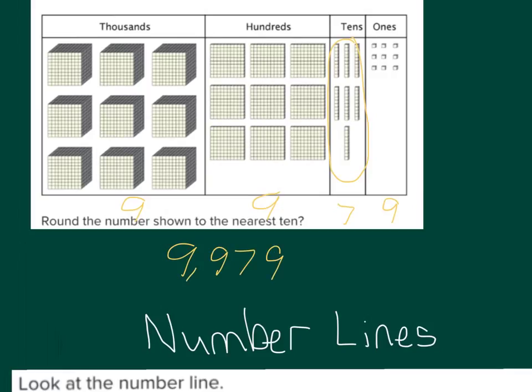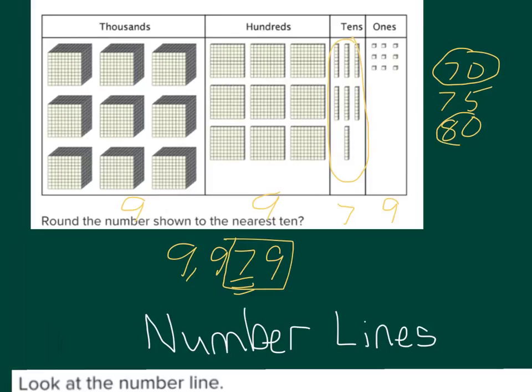9,979. When rounding to the nearest 10, my benchmark numbers will be 70, 75, and 80. I need to know if 79 is closer to 70 or 80.